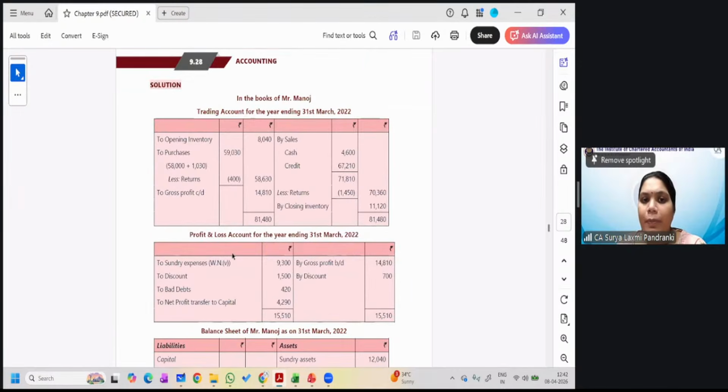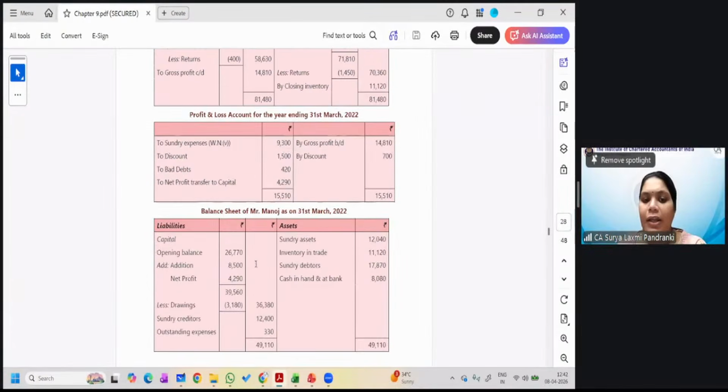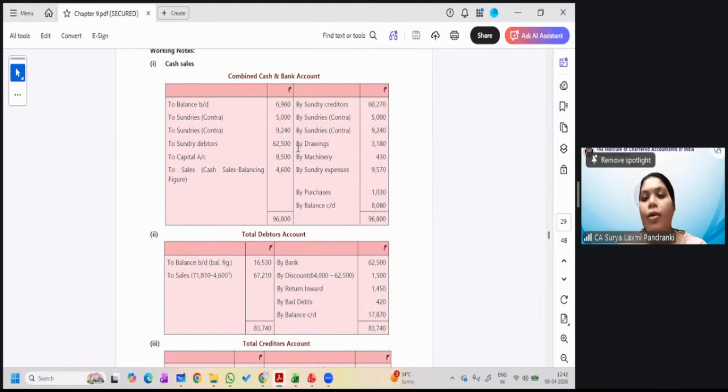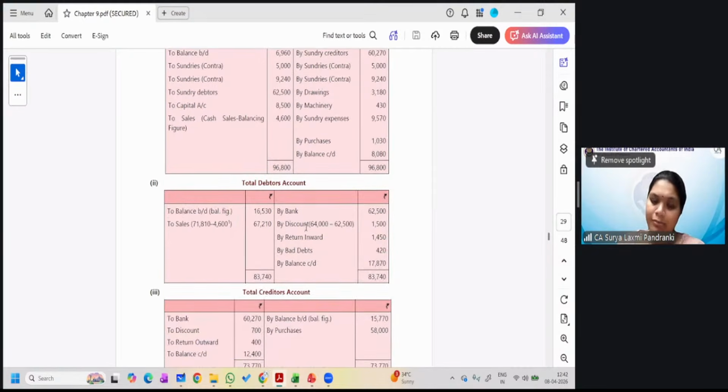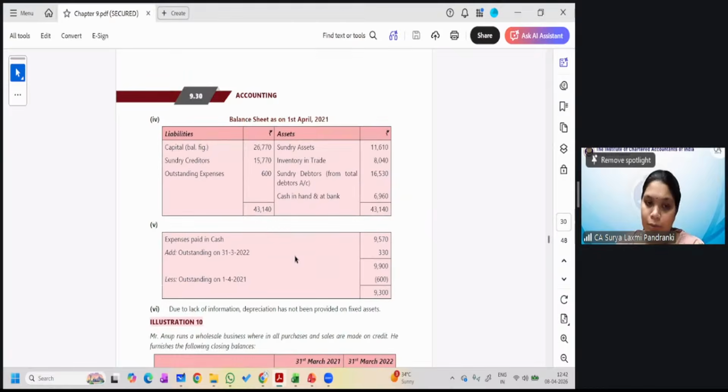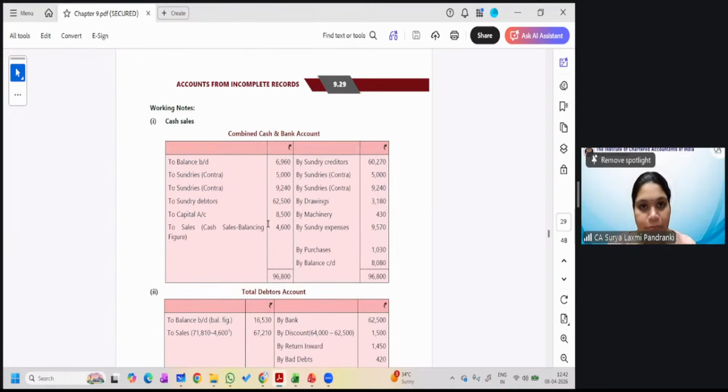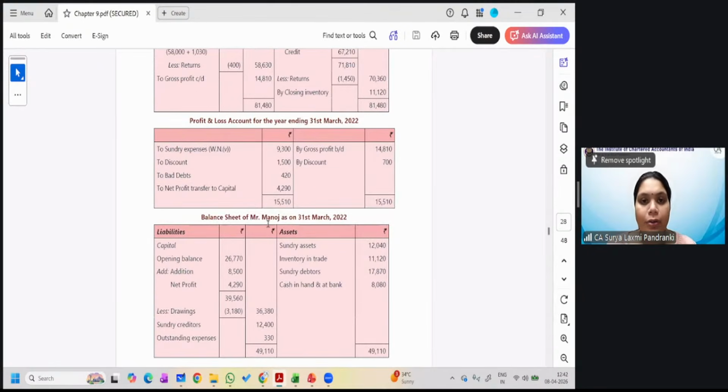You just have to prepare your trading account, P&L and balance sheet. And then, as we have done, the cash and bank account by writing the contra entries, debtors' balances, creditors' balances, all those you have to write. And then prepare the debtors and creditors account, also the same thing, and the opening balance sheet. Nothing big different in this question. You can try this question. I want you all to try.